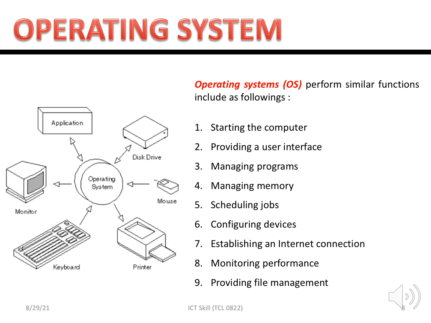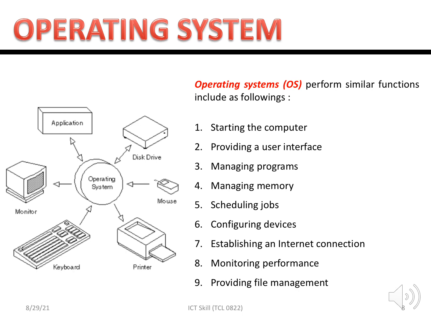So these are the list of the operating system functions. The most important part is that the operating system starts the computer, provides the user interface, manages the programs, manages the memory, schedules the jobs, configures the device, establishes internet connection, monitors the performance, and also provides file management.